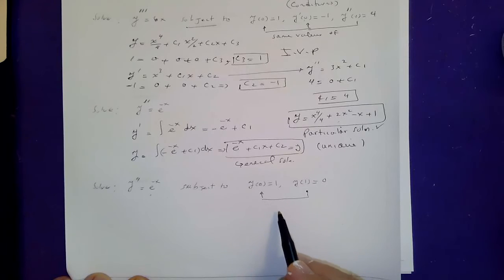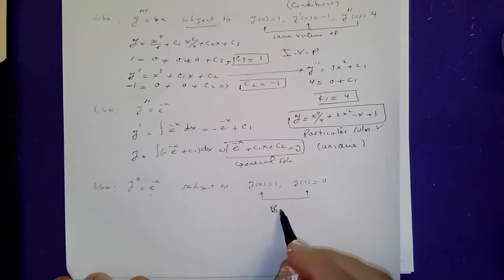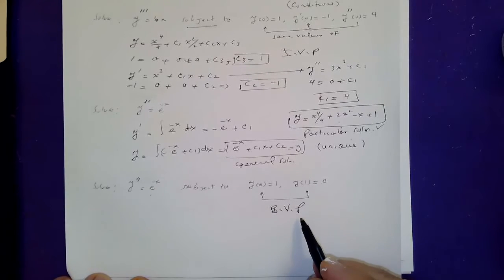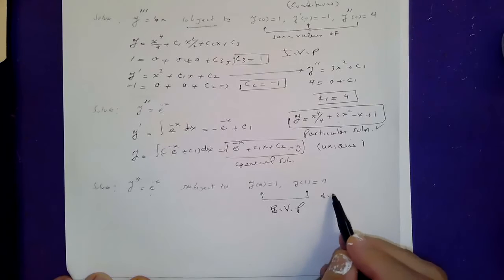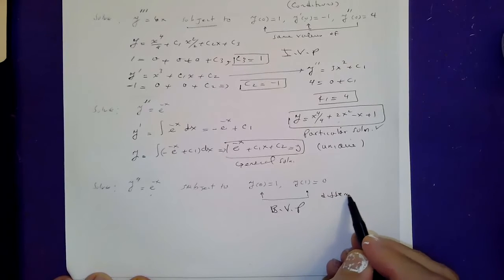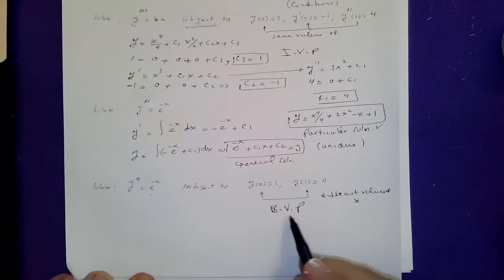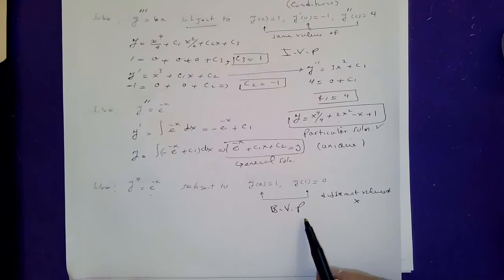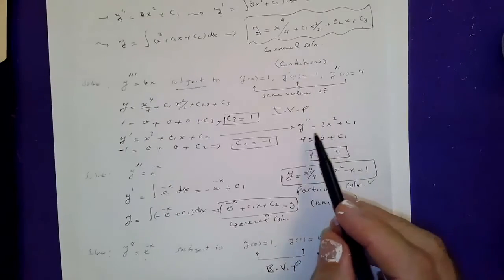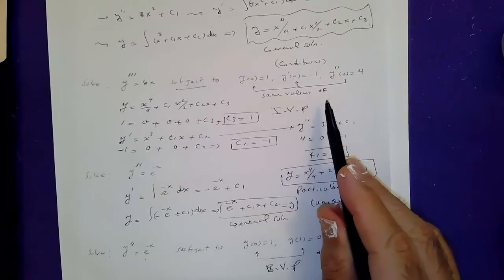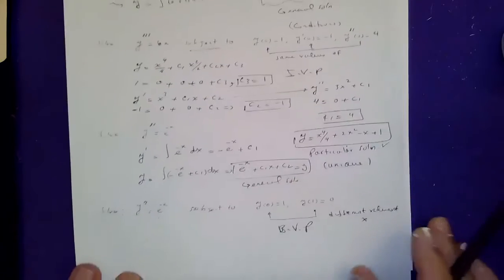So this would be called what? Boundary value problems. Why? Because you have conditions imposed on different values of x. So it's BVP, boundary value problems, versus IVP, initial value problems.